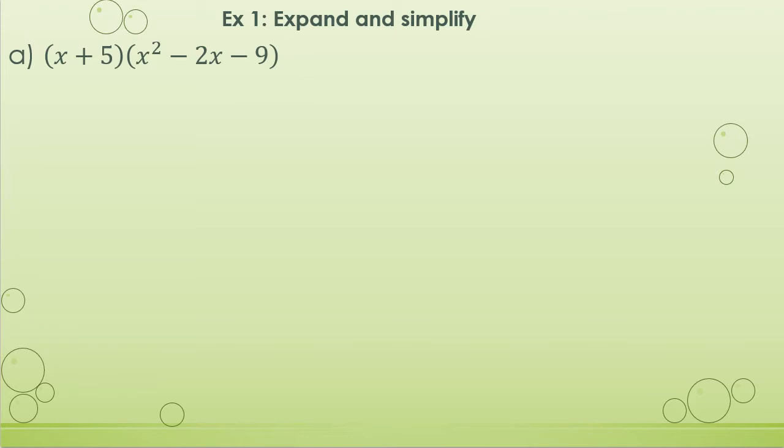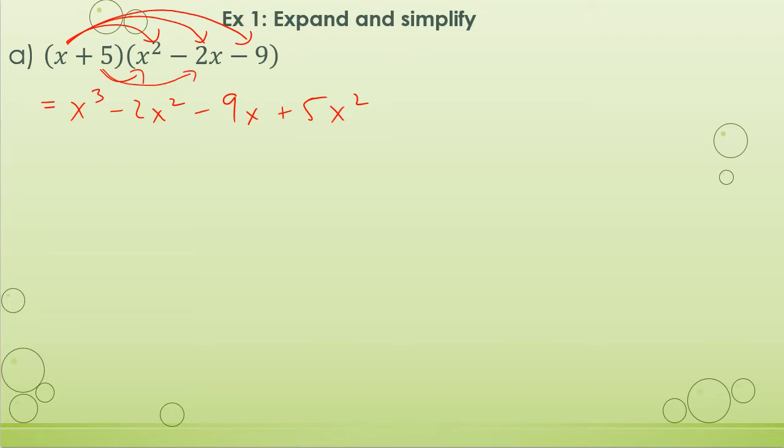Everything in the first bracket times everything in the second bracket. x times x squared, x cubed. x times negative 2x, negative 2x squared. x times negative 9, negative 9x. 5 times x squared, 5x squared. 5 times negative 2x, negative 10x. 5 times negative 9, negative 45.